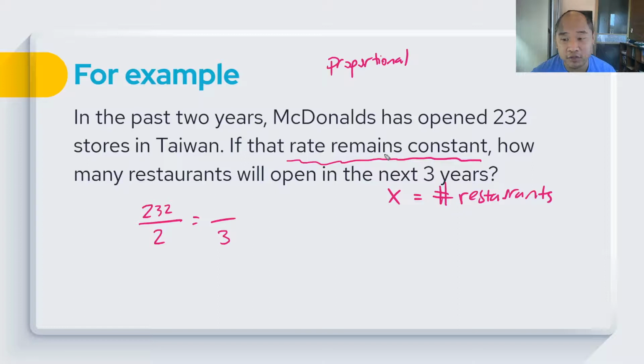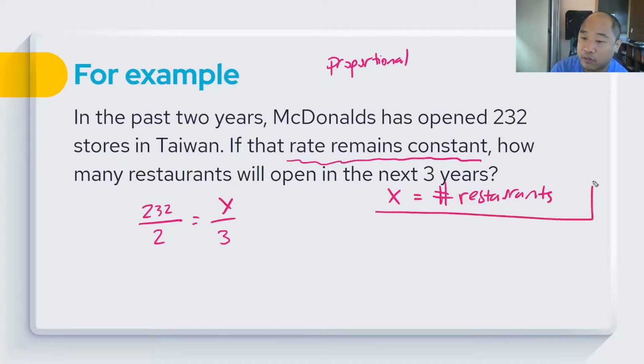If you're using 4 or 5 letters, and when you get to the end of the problem you've evaluated for D, well, what is D? I need to be able to know that. Whoever is looking at your math needs to be able to figure out what you're talking about. So always remember to define your variable.